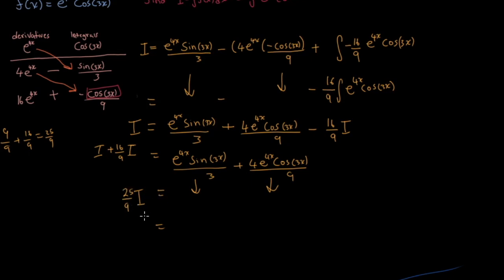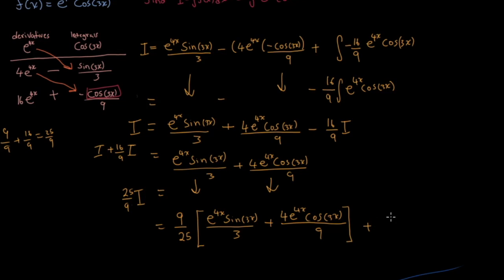So we get I equal to 9 over 25 times e to the 4x sine 3x over 3 plus 4 times e to the 4x cos 3x over 9, plus c.